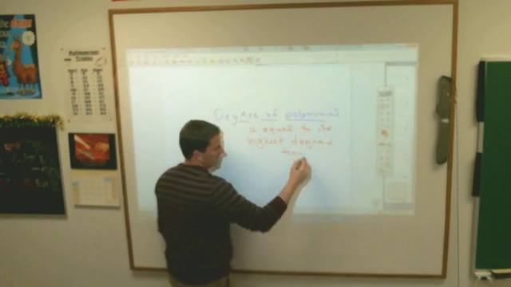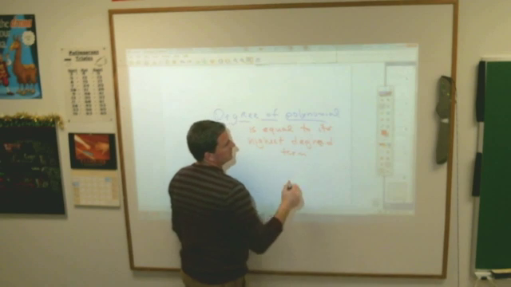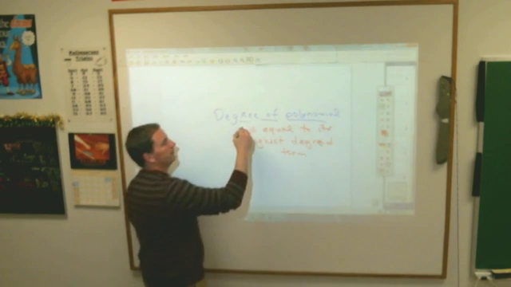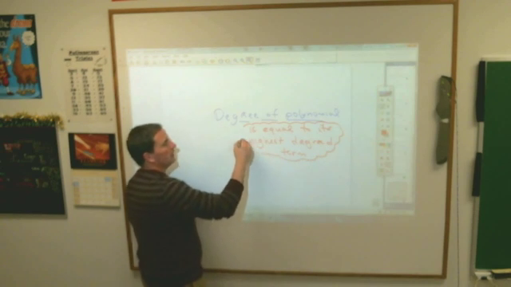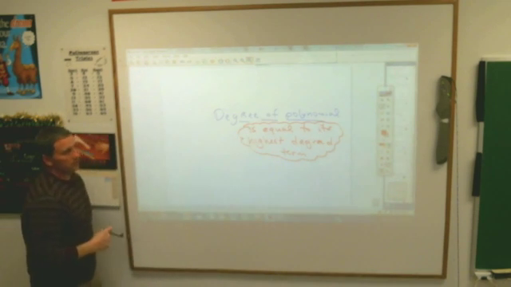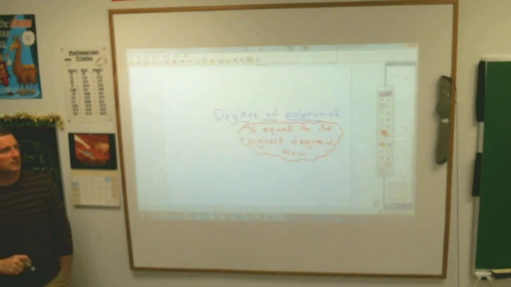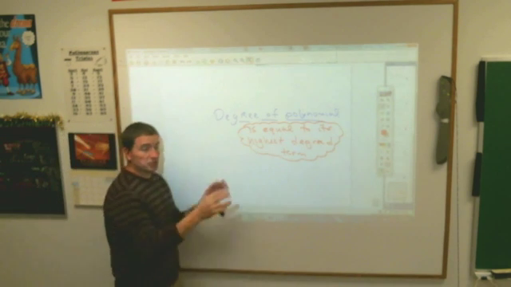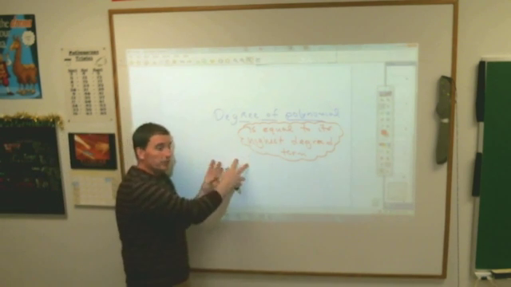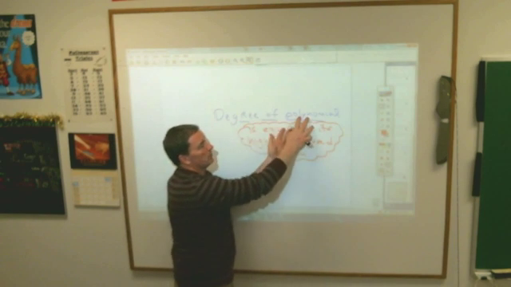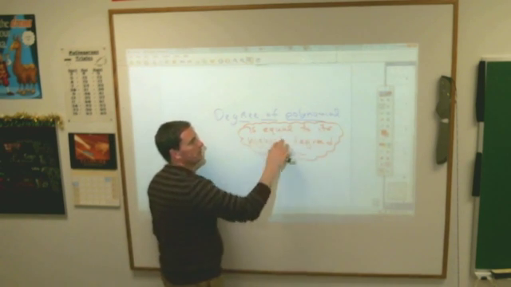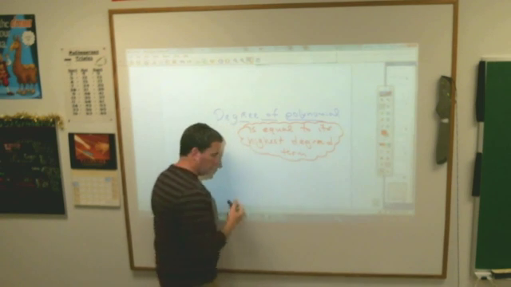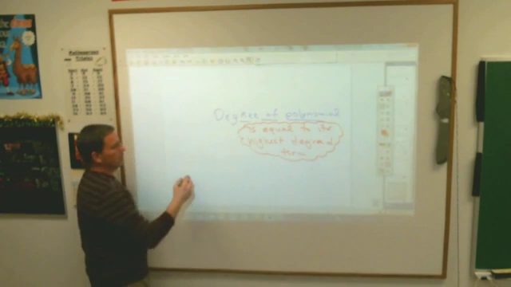That will make no sense to you. Please don't ask me what it means until after I explain it. I'm going to let people write this down. We just looked at the degree of a monomial, a one-term thing. Now we have to know the degree of a polynomial, more than one term. It's equal to its highest degreed term.